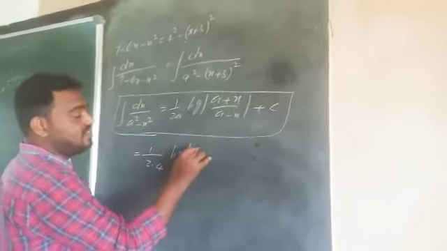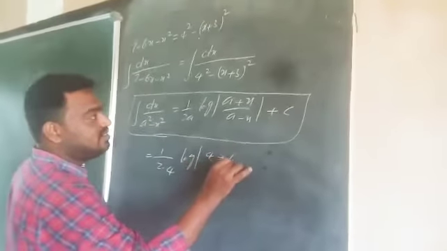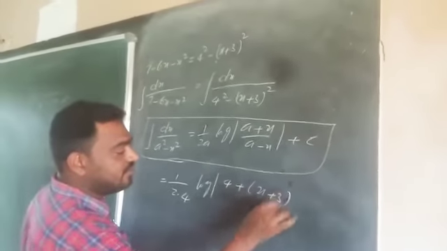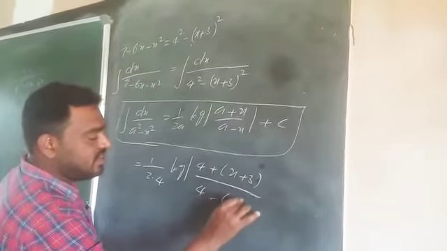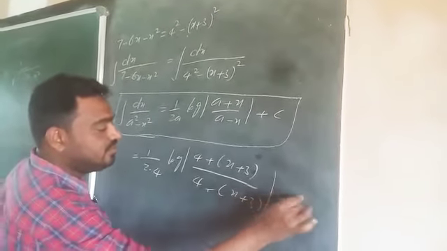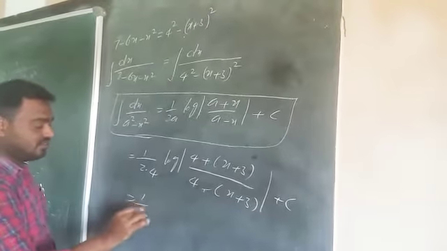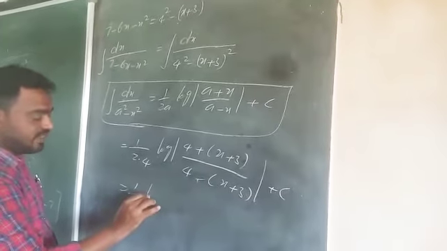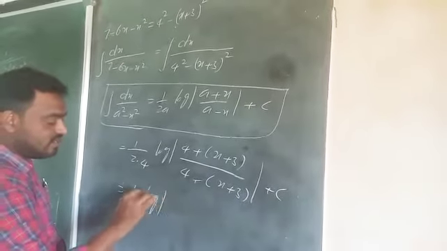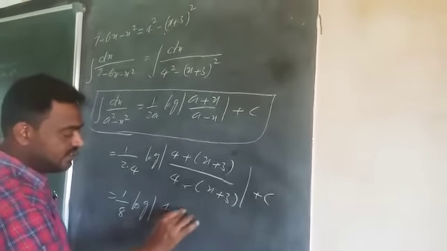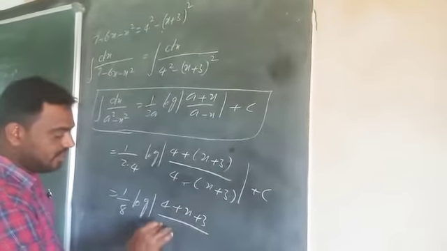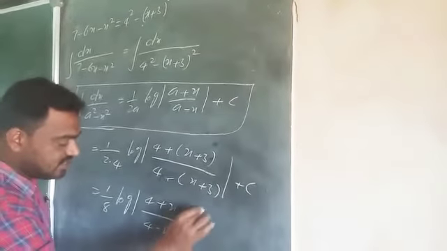So this is equal to 1 by 2 into 4 log mod of a plus x by a minus x, where a is 4 and x is x plus 3. So 4 plus x plus 3 by 4 minus x minus 3, plus c. 2 fours are 8, so 1 by 8 into log mod of 4 plus x plus 3 by 4 minus x minus 3.